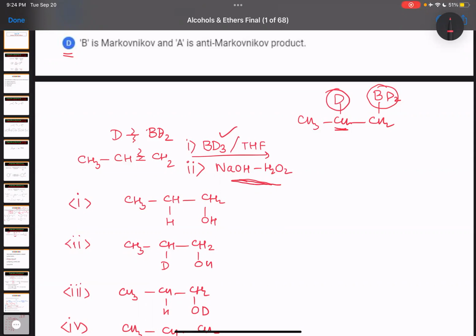And finally you have BD2, and BD2 you replace by OH. So what's going to be the answer? Second option. Clear? Yes, sir. Okay, good.